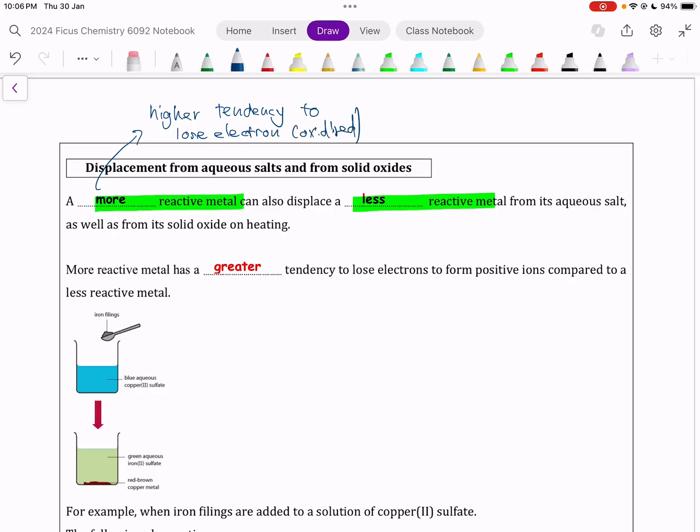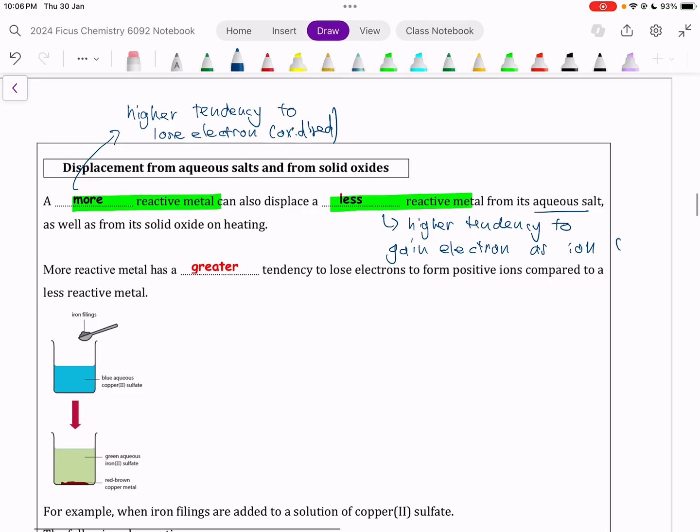The less reactive one, from its aqueous salt, is the one with a higher tendency to gain electrons as an ion, which means to get reduced.